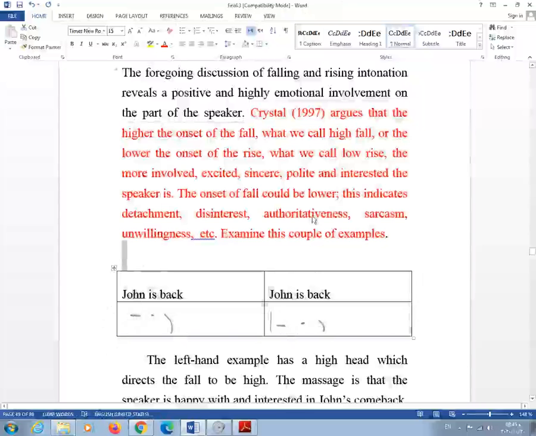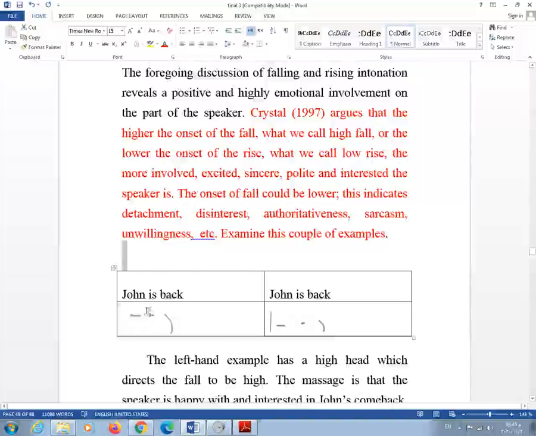Okay, let's see Crystal. David Crystal, by the way, argued that the higher the onset of the fall, what we call high fall, or the lower the onset of the rise, what we call low rise, the more involved, excited, sincere, polite, and interested the speaker is.